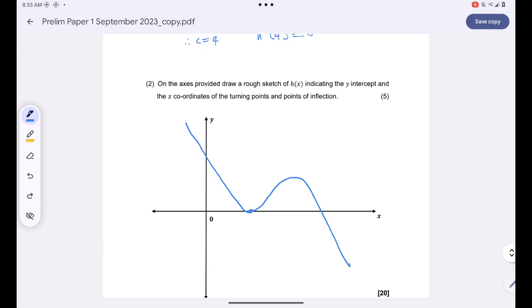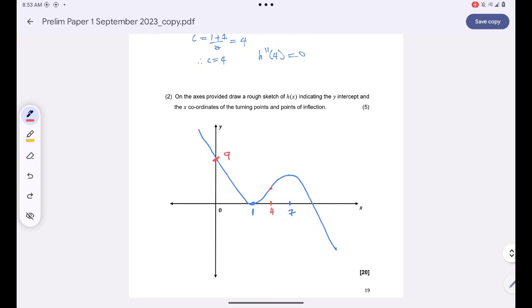It should turn over here when x is equal to 1. The x value at the turning point is equal to 7, and then the point of inflection over there will have an x value of 4. And then what else do you know? The y-intercept was given to us as 9. So that's how, guys, we're supposed to tackle this question over there.